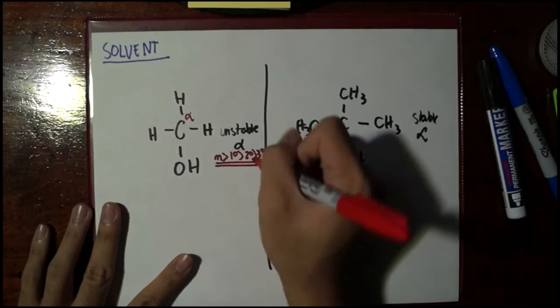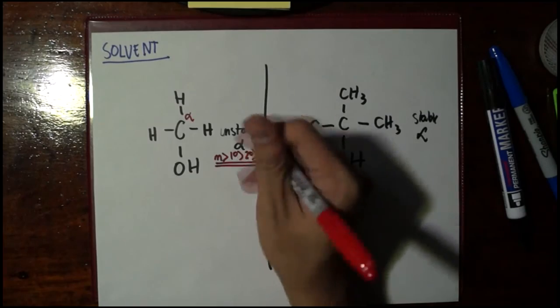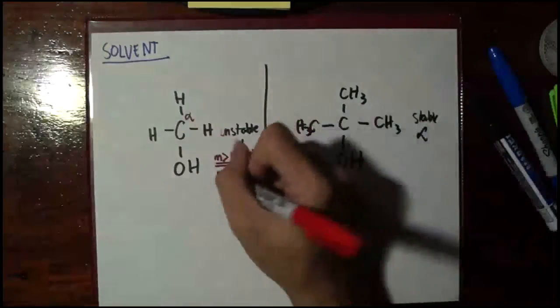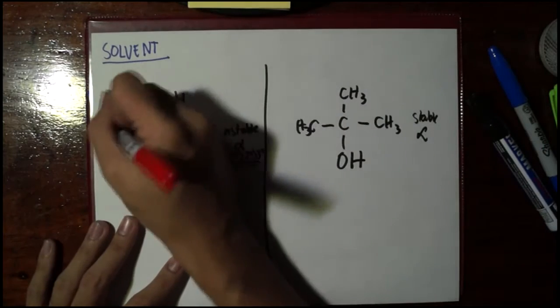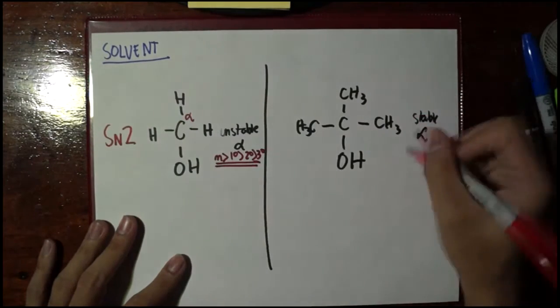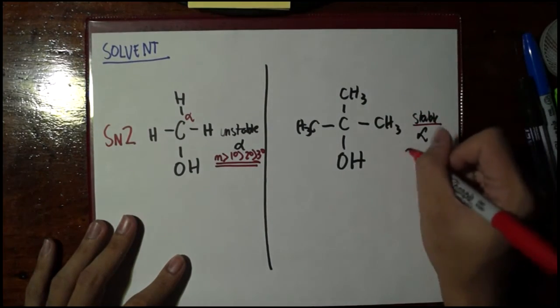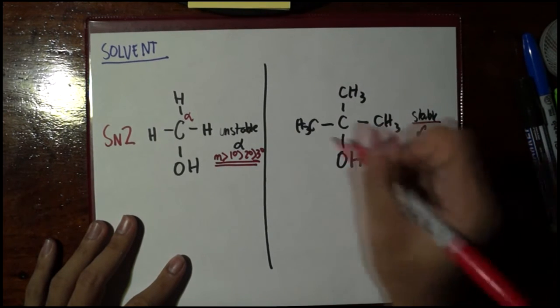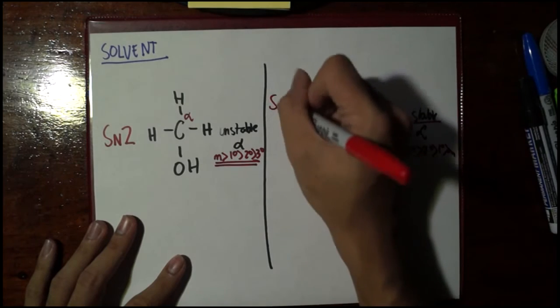This is the scheme we follow for SN2. So most likely this one should follow SN2, and then the other way around, stable: the most stable one is the tertiary, followed by secondary, then primary, then methyl. This one should be SN1.